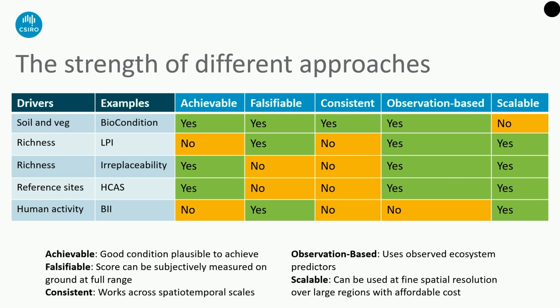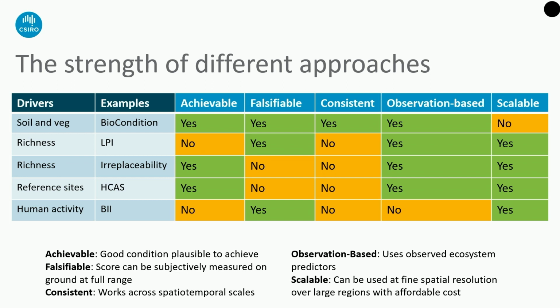So I would like to specifically mention this Biodiversity Intactness Index, BII. It's a modeled product based on a number of environmental factors and human activities. So where there's high human activity and land use with heavy modification, this score goes down.